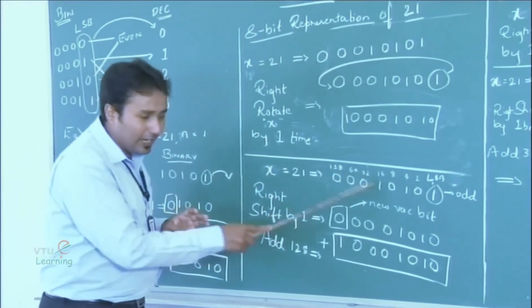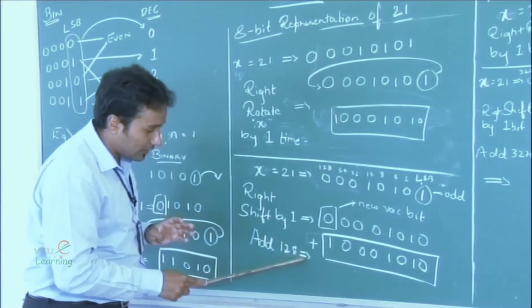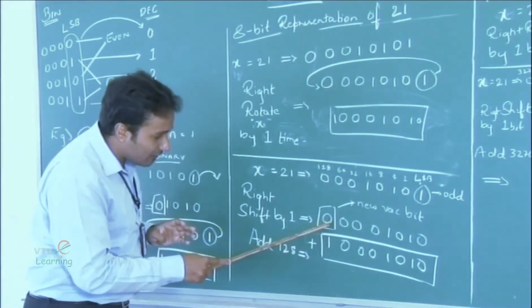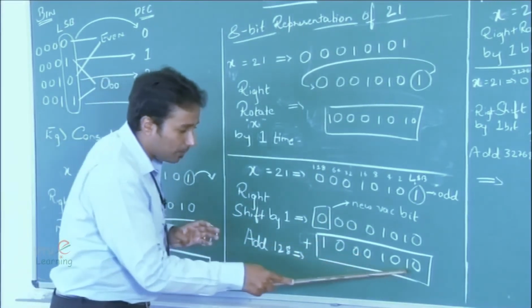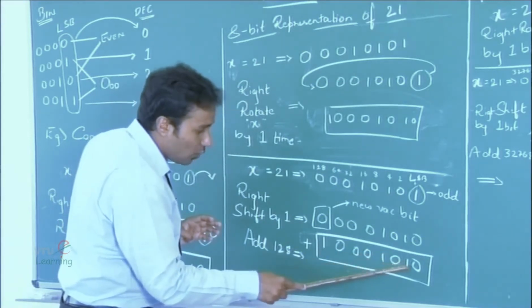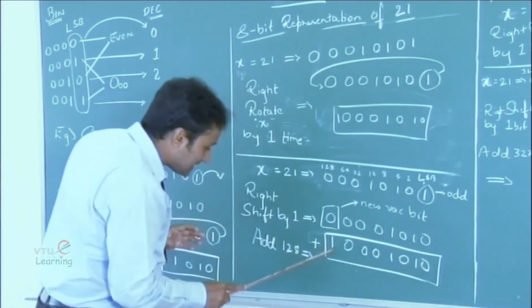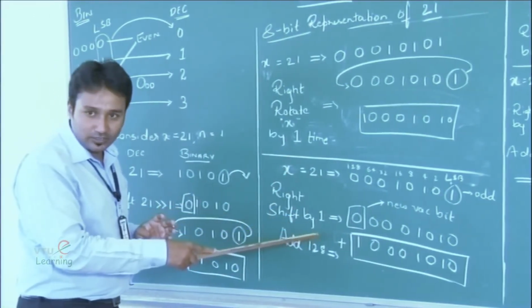Since we have 8 bits, we add 128. Once we add 128, the new number obtained would be 1 followed by 001010. This is the number obtained after right rotation.